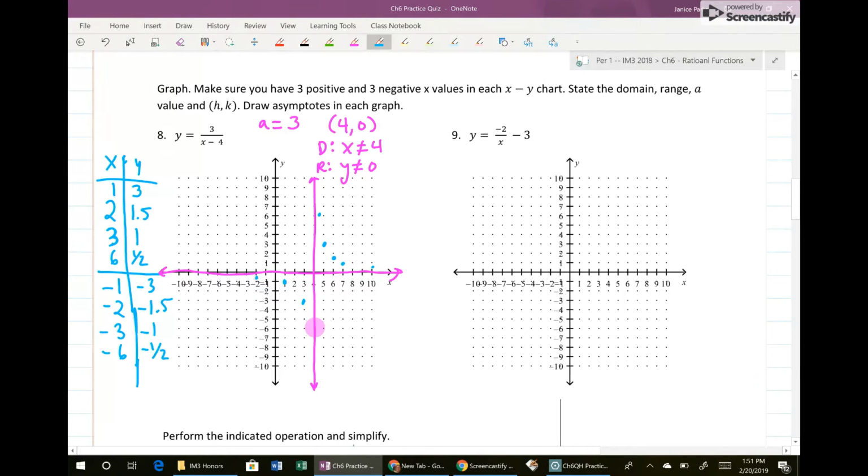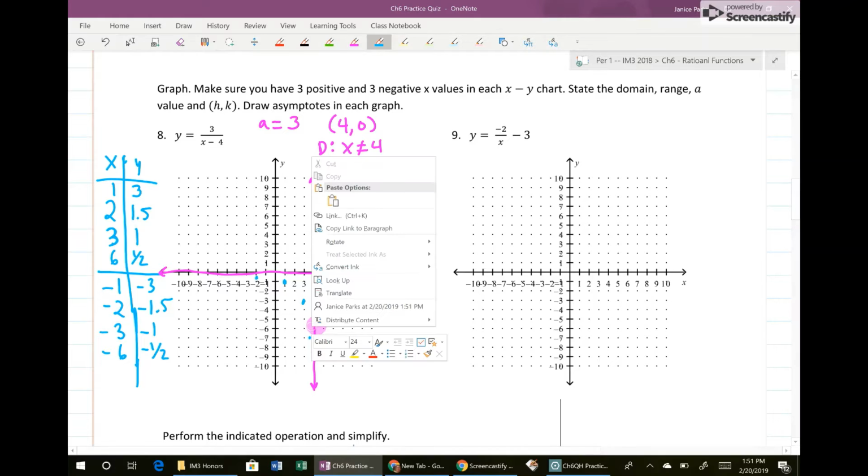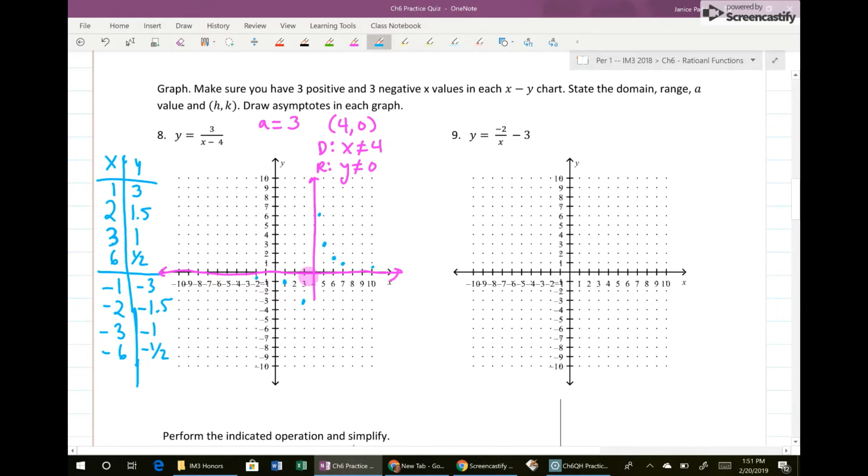And I can also do a half and go down to -6 here. There we go. And then I'm going to go ahead and draw that in. Again, you only need 3 positive and 3 negative x values.